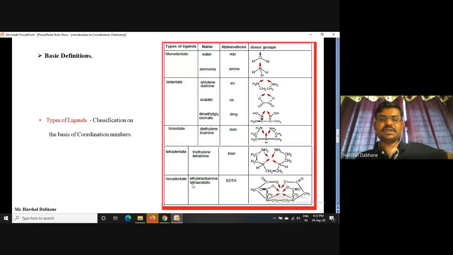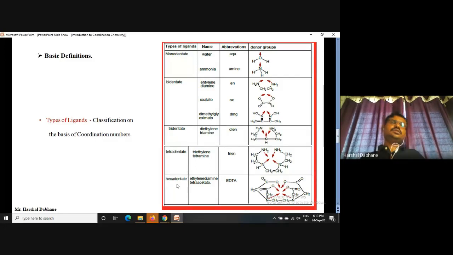That's called a hexadentate ligand. So monodentate ligands form only one bond, bidentate form two bonds, tridentate three bonds, tetradentate four bonds, and similarly hexadentate six bonds.